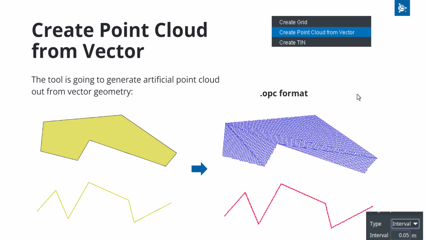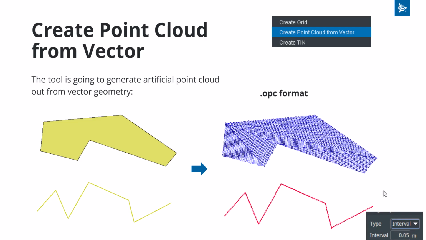This tool is going to generate an artificial point cloud out of the vector geometry. For instance, if you feed a polygon to it, it will fill the polygon with a point cloud. And if it's a line, along the line it will put the points with the defined interval.